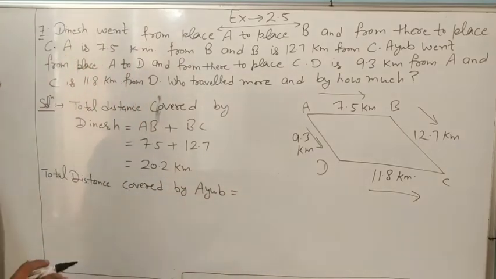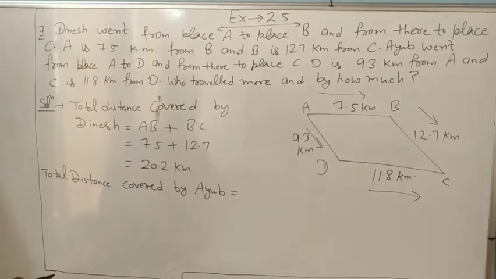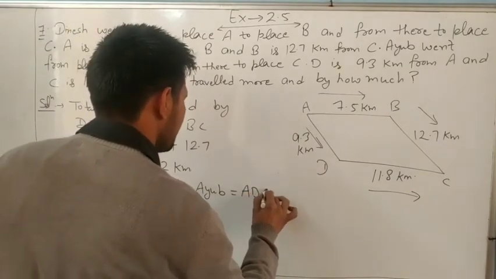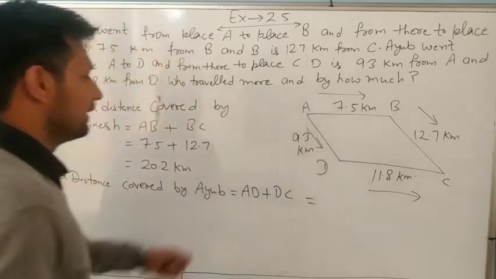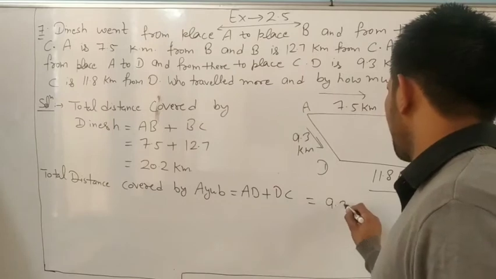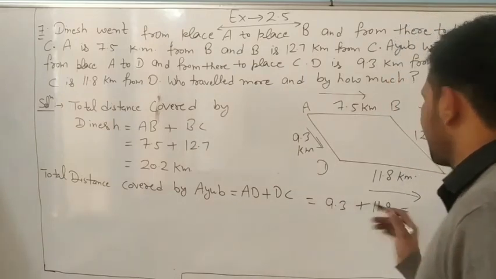Ayub went A to D. So it means AD plus DC. You can find. I am writing here. Now AD is how much? 9.3 plus 11.8. Add again.